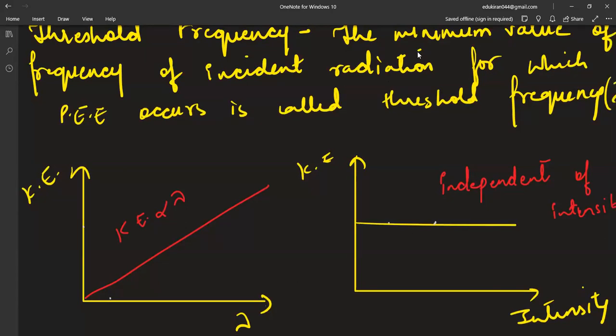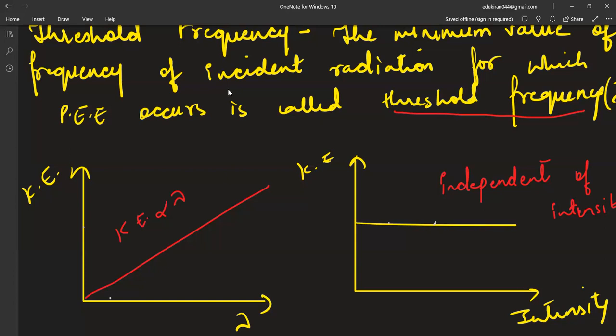Threshold frequency, I told you, is the minimum value of frequency of incident radiation for which the photoelectric effect occurs. Suppose I tell you for an electron to be ejected, it has to have a value of 5 hertz. Unless you give it 5 hertz, it won't be able to cross it. If you're providing 3 hertz, 2 hertz, 4 hertz, it won't be ejected.